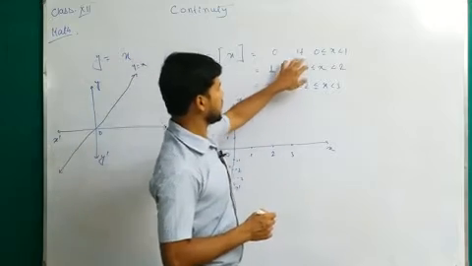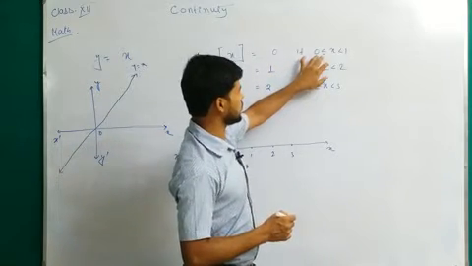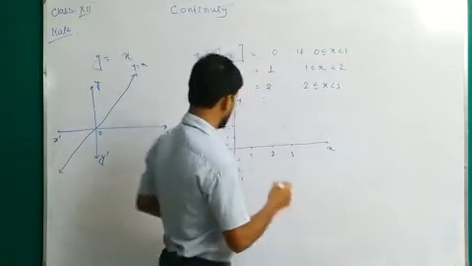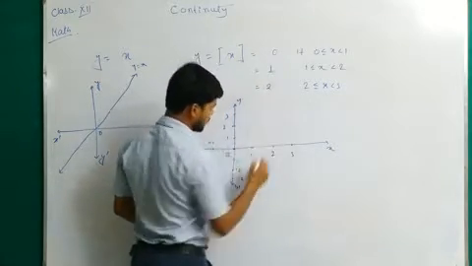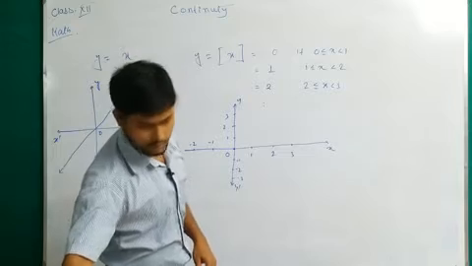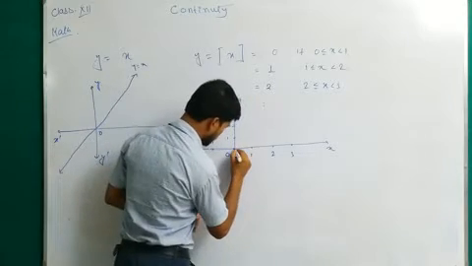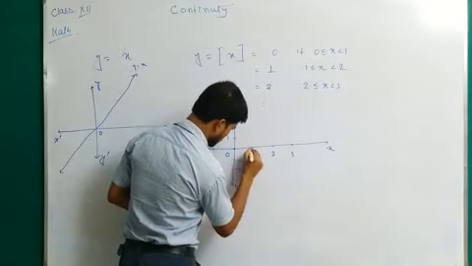If 0 is less than or equal to x less than 1, then the value of the function is 0, means this.